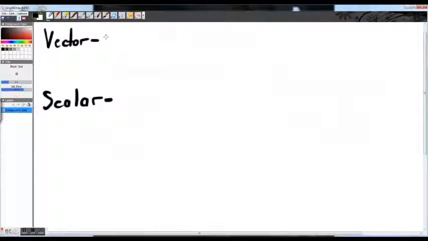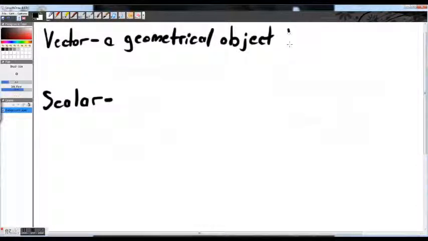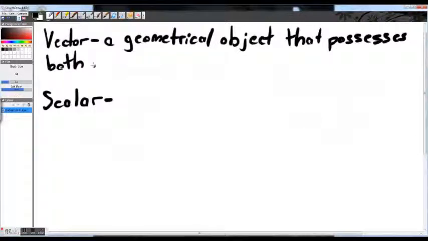A vector is a geometrical object that possesses both magnitude and direction, which is very important.